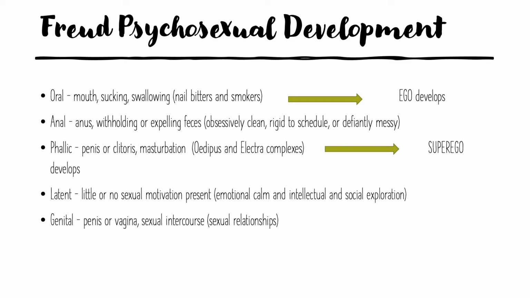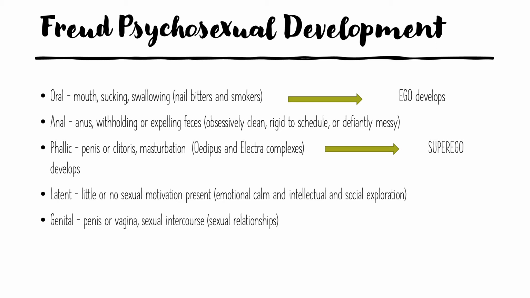The ideal is that one should not get fixated or stuck in any of these stages. Freud emphasized the importance of unconscious thoughts and feelings and the role of childhood experiences informing our personalities, as well as how we saw ourselves and others.